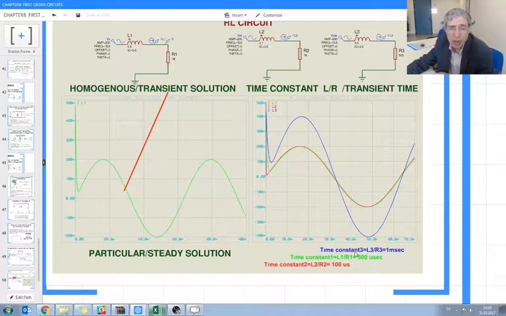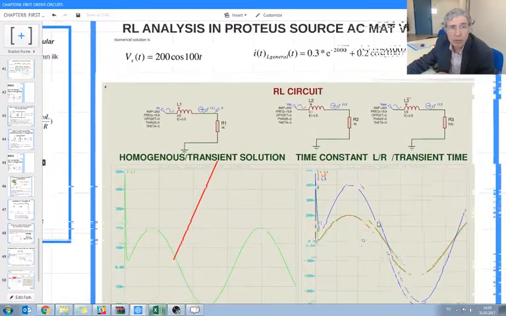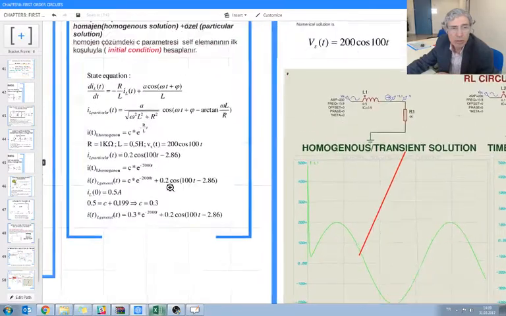Afterwards, if you see this blue one, the magnitude of the blue signal is higher than the other ones. What could be the reason? If you look at this solution, it's not here, but you could see the solution here in general.